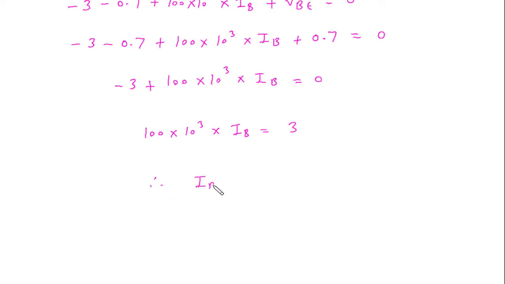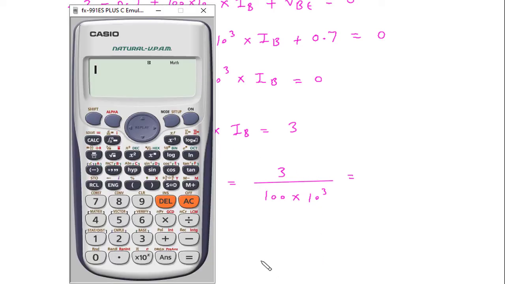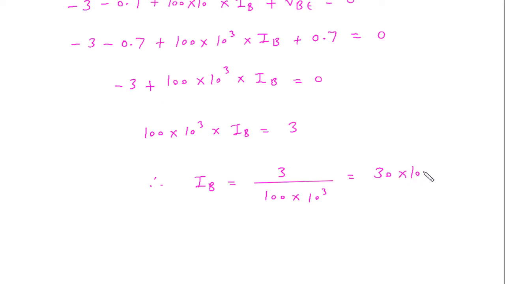Therefore, IB is equal to 3 by 100 into 10 raised to 3, which is 30 into 10 raised to minus 6 ampere, or IB is equal to 30 microampere.